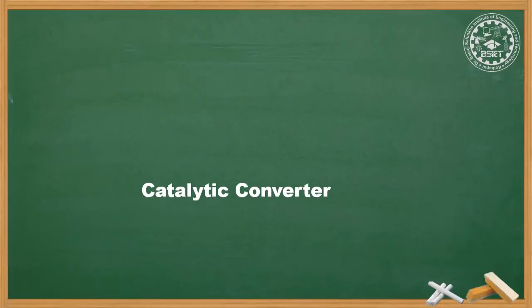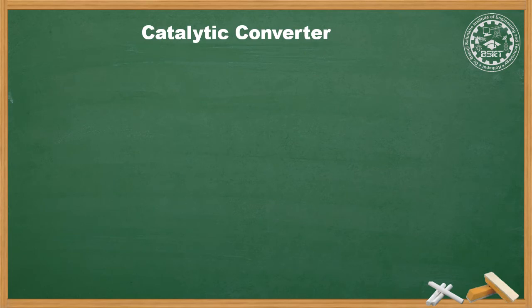Starting with the first, the catalytic converter. Catalytic converters were first widely introduced in American produced cars in 1975 due to toxic emission. The main purpose of using the catalytic converter in the exhaust emission control system is to convert pollutant gases to harmless gases.